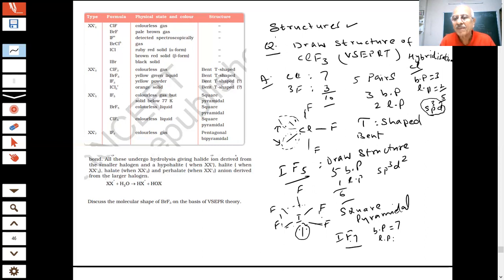If there are 7 bond pairs, then what is the shape? It will be sp3d3, pentagonal bipyramidal. So you can draw the shape of a pentagon and bipyramid, students.